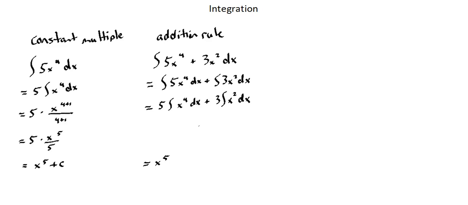And then continuing with the second integral, plus 3 times x to the power of 2 with respect to x is going to be plus 3 times x to the power of 2 plus 1 over 2 plus 1, or plus 3 times x to the power of 3 over 3, or x to the power of 3.